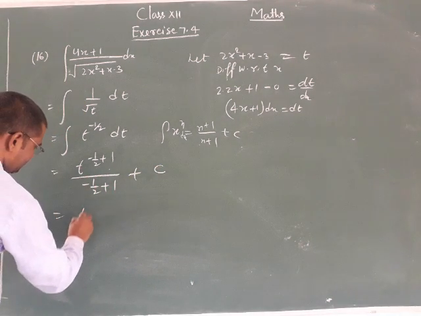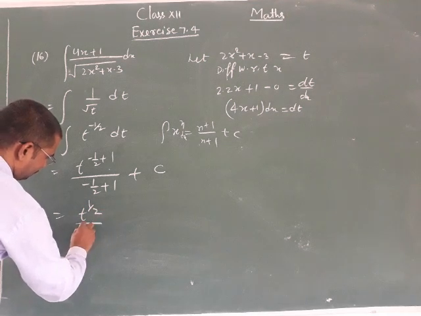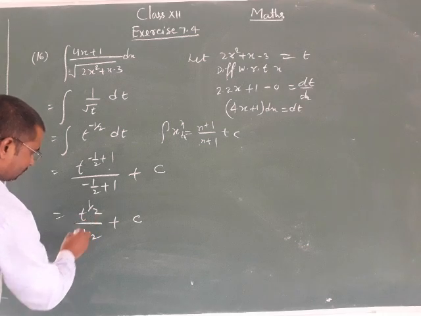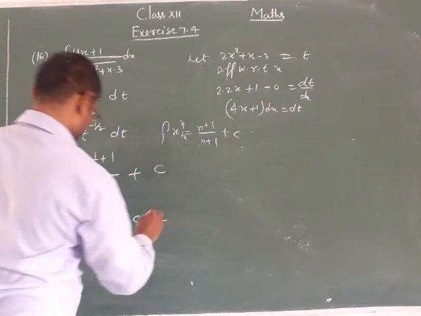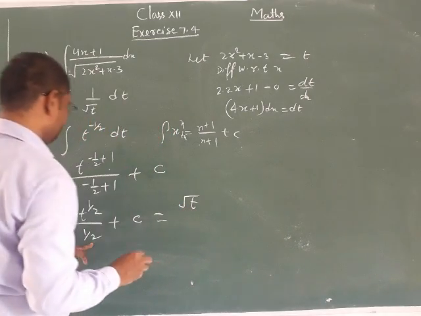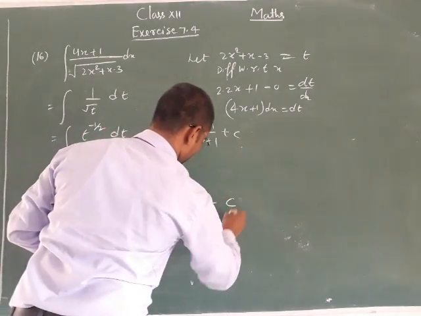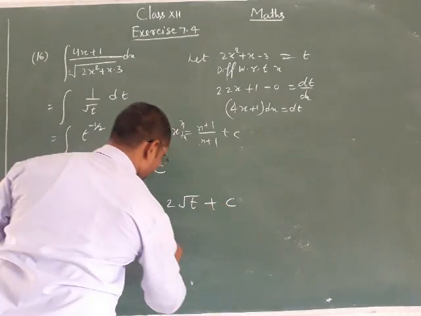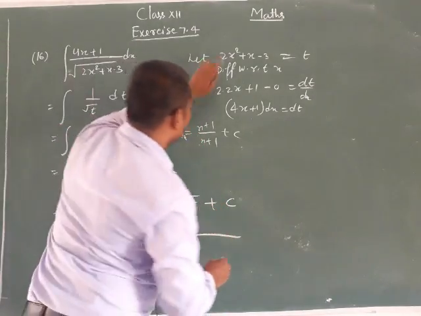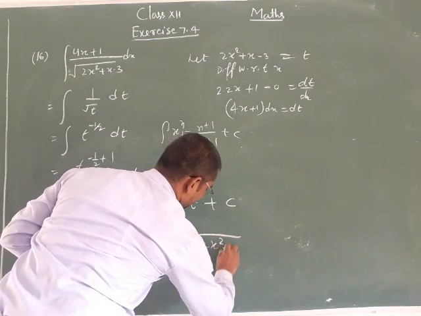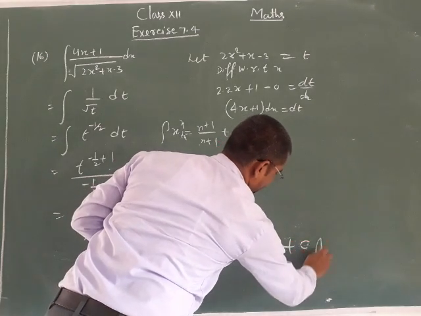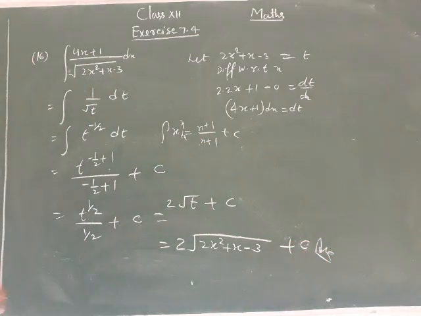Also t to the power 1 by 2 upon 1 by 2, plus c, so root t into 2, that is 2 root t, plus c. Putting the value of t, 2 root of 2x square plus x minus 3, plus c. This is the answer.